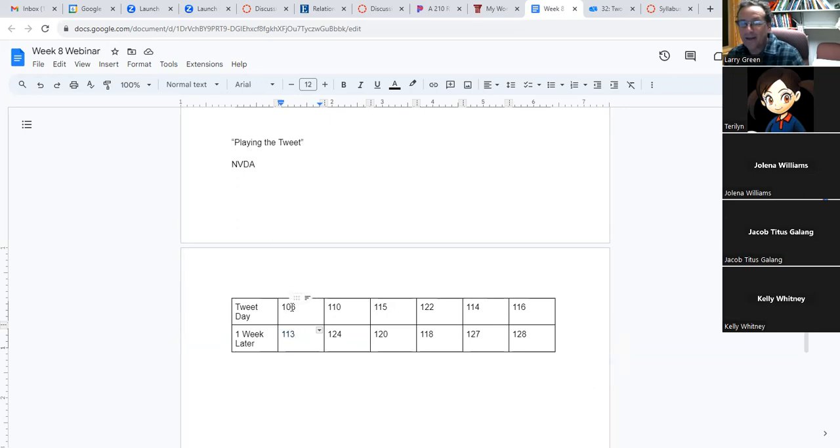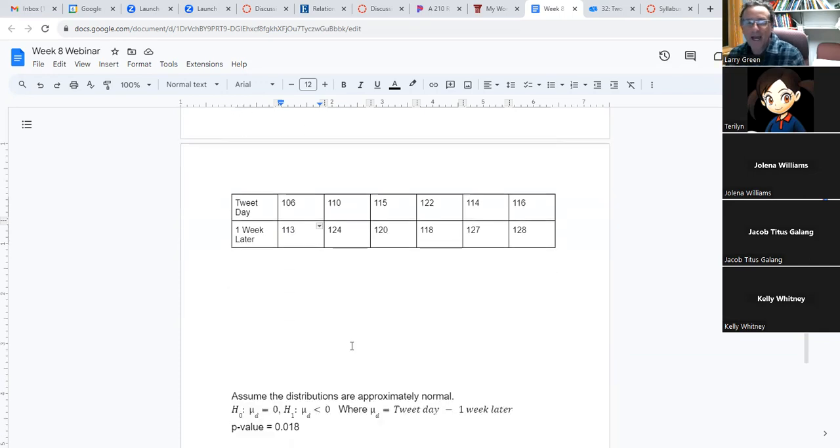You don't get to buy at 106 and then sell at 127 and the next time buy at 102 and maybe 122 and sell at 113. It doesn't work that way. These are paired data. Do you see that?